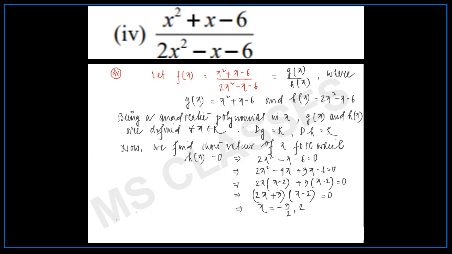Therefore, domain of f equal to domain of g intersection domain of h minus those values of x for which h(x) equal to 0. Domain of g intersection domain of h is R minus the set containing minus 3 by 2, 2 for which h is 0.